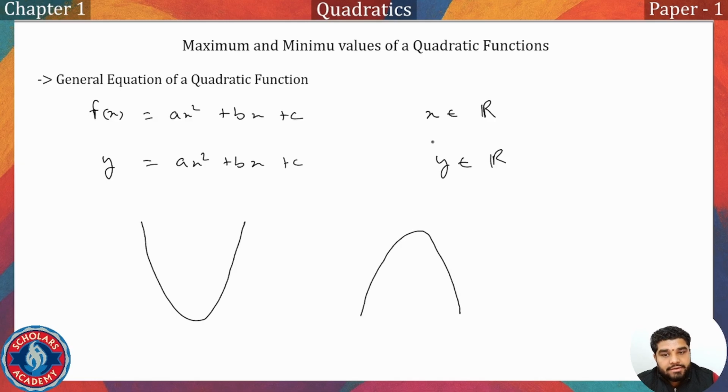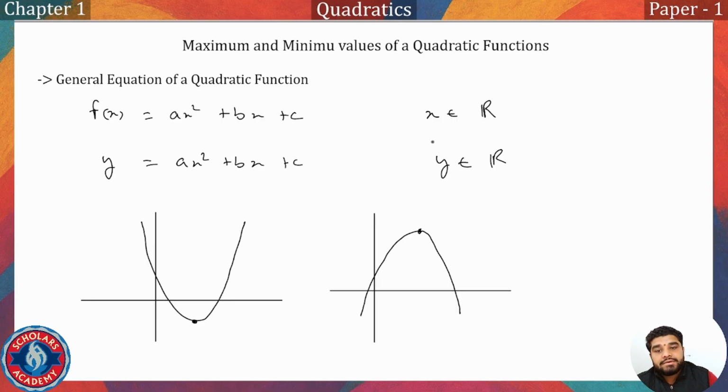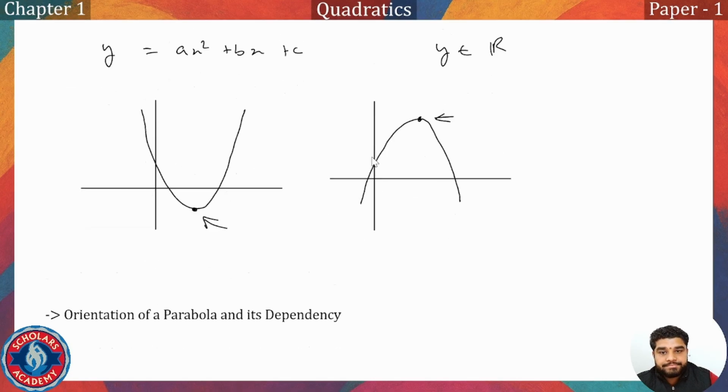Since the curve is drawn in a 2D space, it gives some intersecting points with the x and y axis, and this particular point over here is the point of minimum value or the point of maximum value. We'll find out how to calculate these particular values. Let's proceed with that.